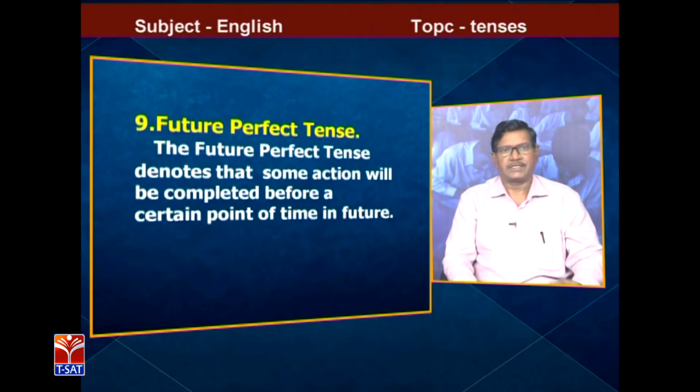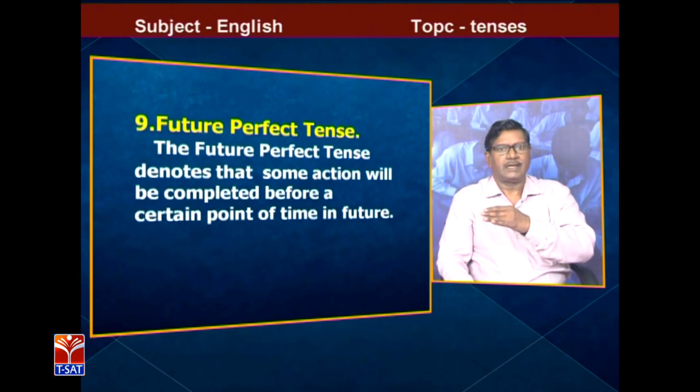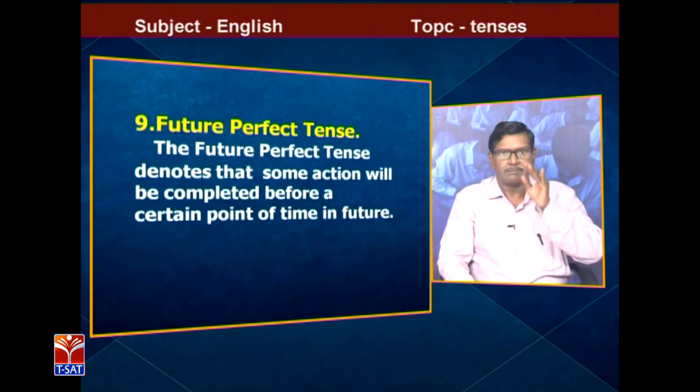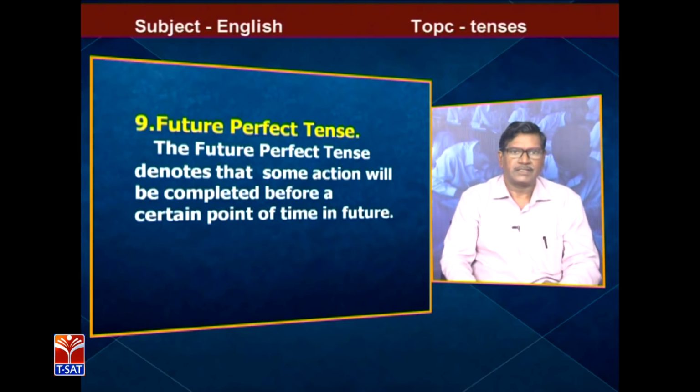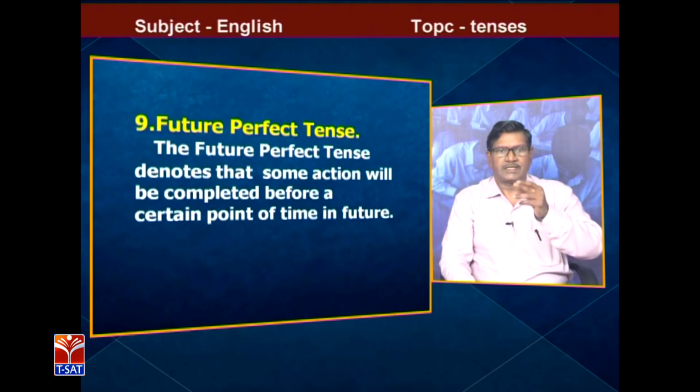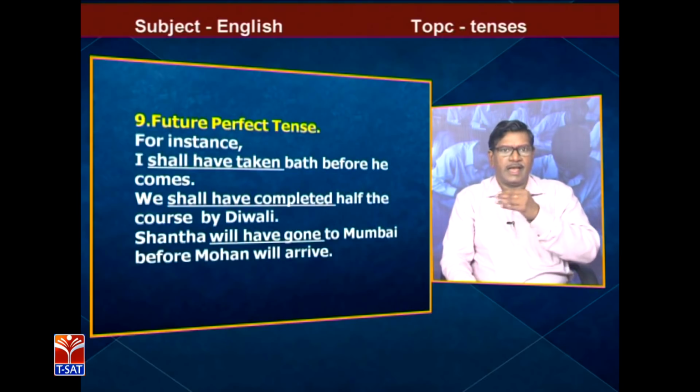ఫ్యూచర్ పర్ఫెక్ట్ టెన్స్. ఫ్యూచర్ పర్ఫెక్ట్ టెన్స్ denotes that some action will be completed before a certain point of time in future. This is future perfect tense. For instance, let us see some sentences. I shall have taken bath before he comes.